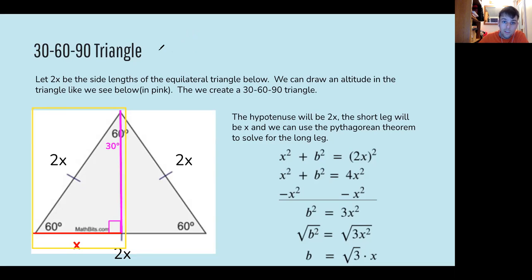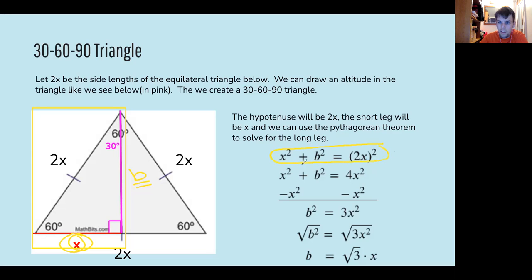And then we have this leg right down here, which is x, because it is half of the side of this equilateral triangle, which was 2x, so half of that is x. The part that we're missing is this leg right here. We're missing b. So we're going to solve for that in terms of x, so that we have all three sides of our 30, 60, 90 written in terms of x. And so that's what we're doing right here.